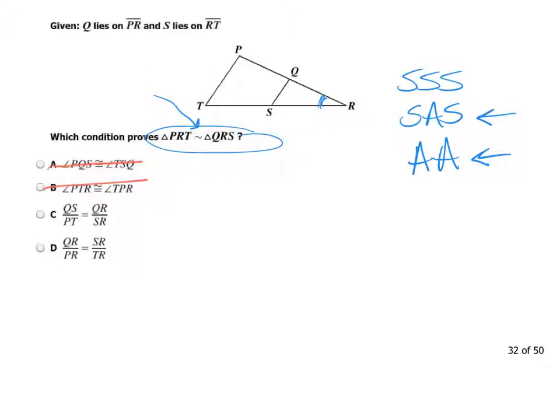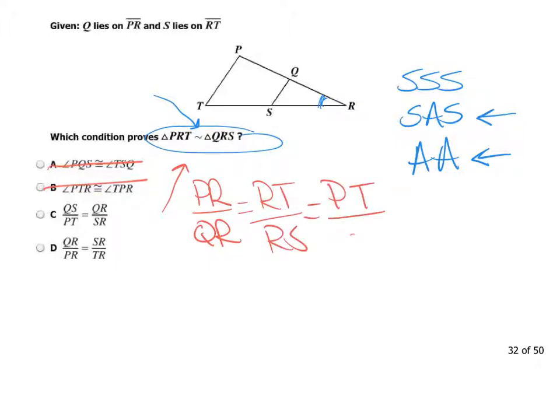So if we're going to use the sides, we're going to use the statement to match stuff up. So it's going to be PR, first two, over QR, first two; last two, RT over RS; first and last, PT over QS. Yay. So when I see QS over PT, okay, so they wrote it backwards. That's okay. And then we have QR over SR. Nope, that doesn't work.